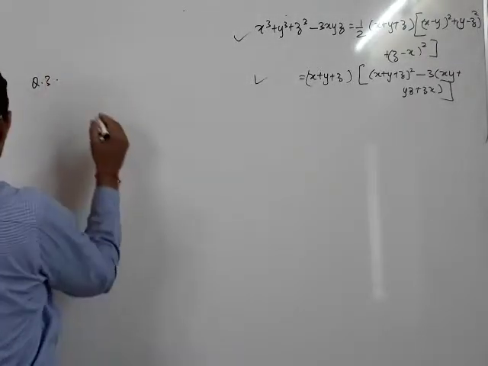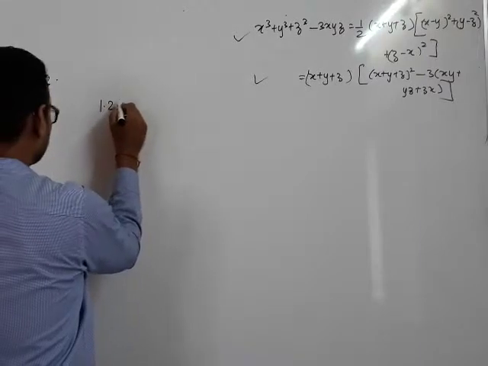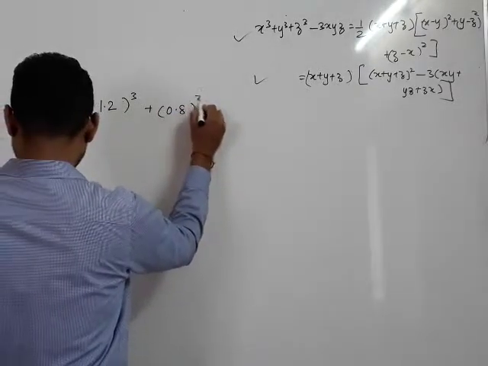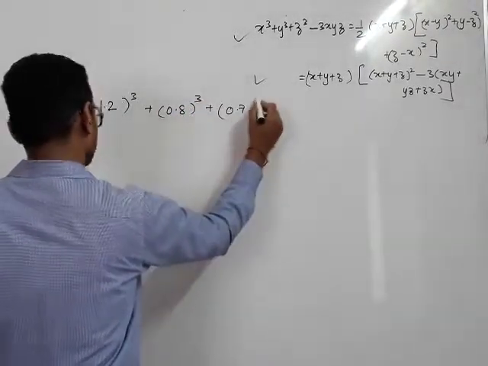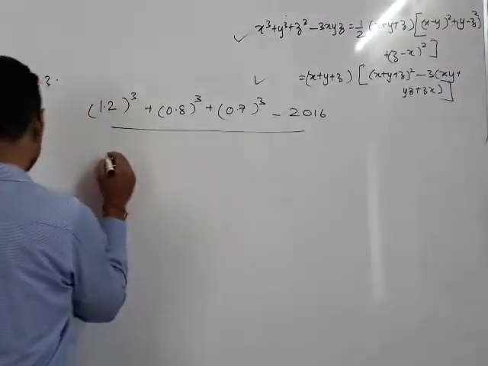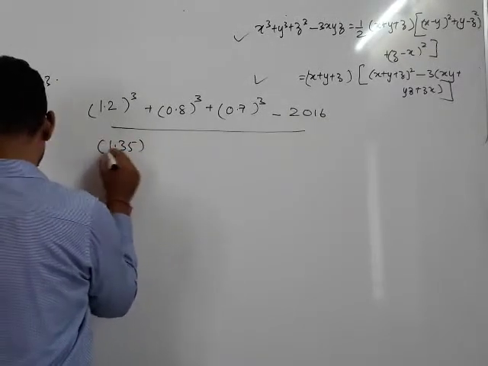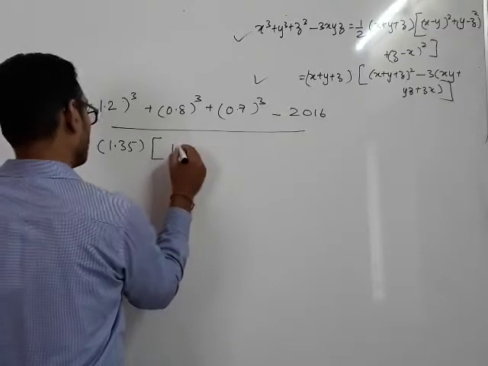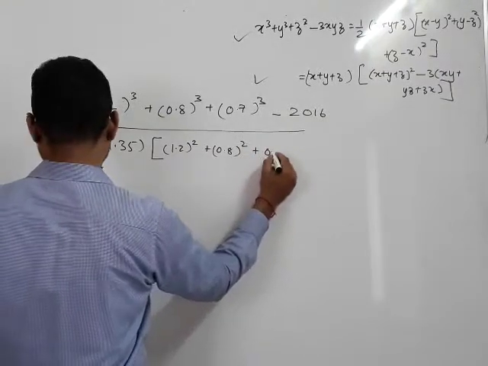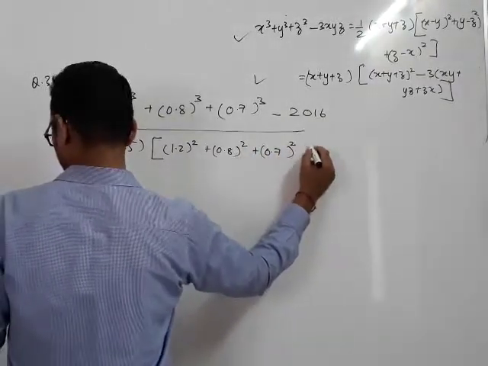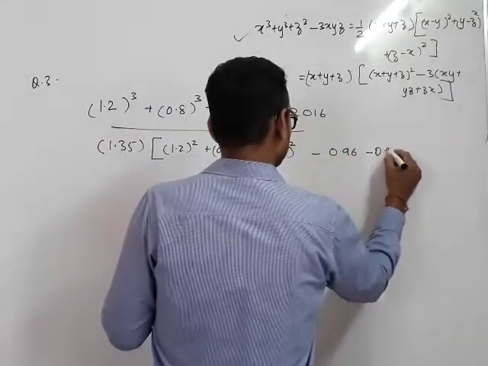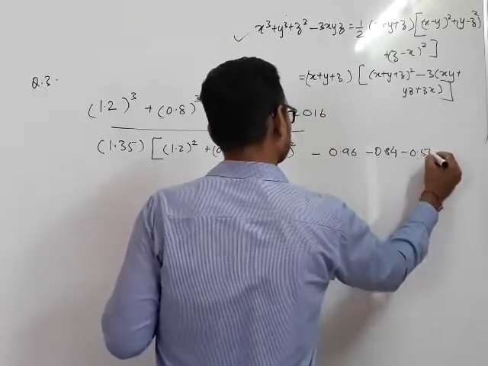Next question. The question is: 1.2 cube plus 0.8 cube plus 0.7 cube minus 2016 upon 1.35, into 1.2 square plus 0.8 square plus 0.7 square minus 0.96 minus 0.84 minus 0.56.